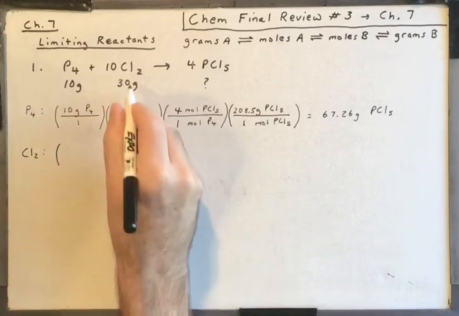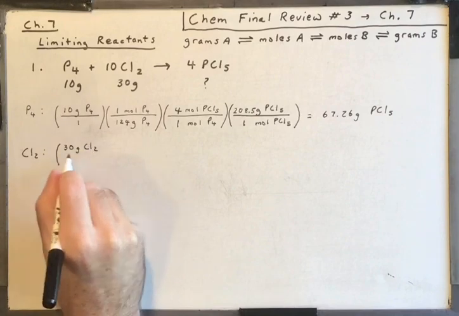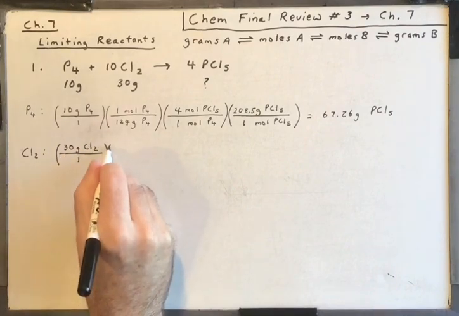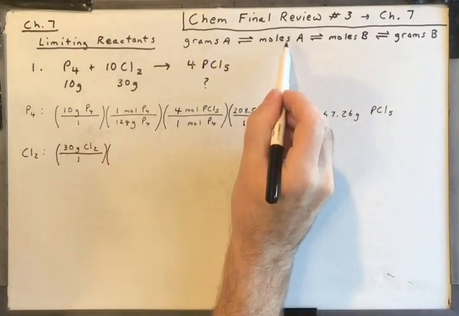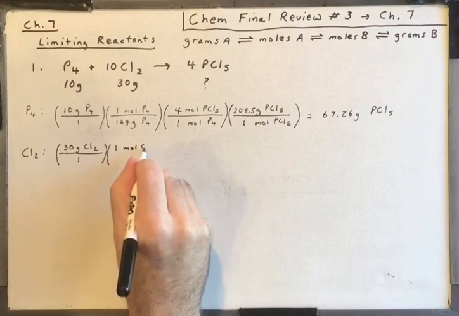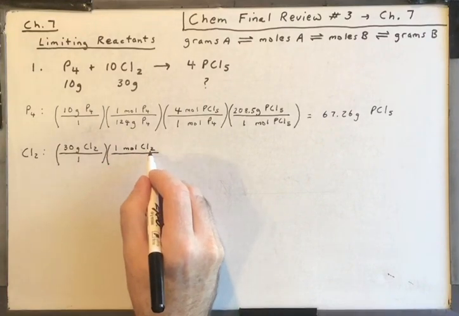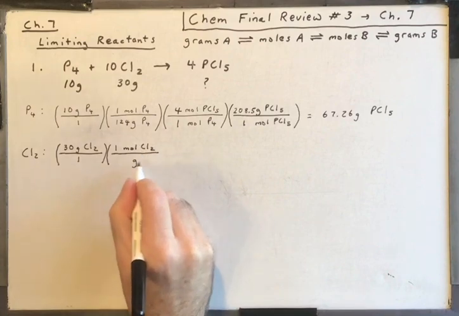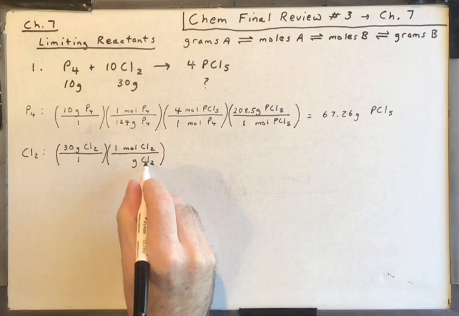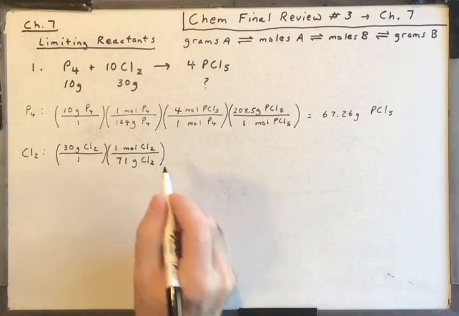Well, we're starting with 30 grams of Cl2. All right, we need to go to moles of Cl2, so 1 mole of Cl2. Each Cl2, if you look at the periodic table, weighs 35.5, so that would be 71, 2 times 35.5.